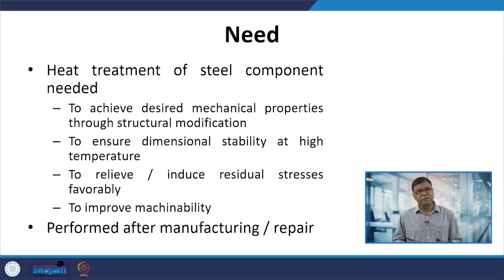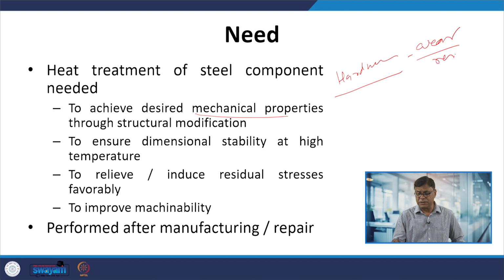Heat treatment of a steel component is done for multiple purposes. One of these is to achieve the desired mechanical properties. The goal may be to have high hardness for wear resistance applications, so that abrasion and adhesive wear resistance is extremely good, or the goal may be to have high toughness.